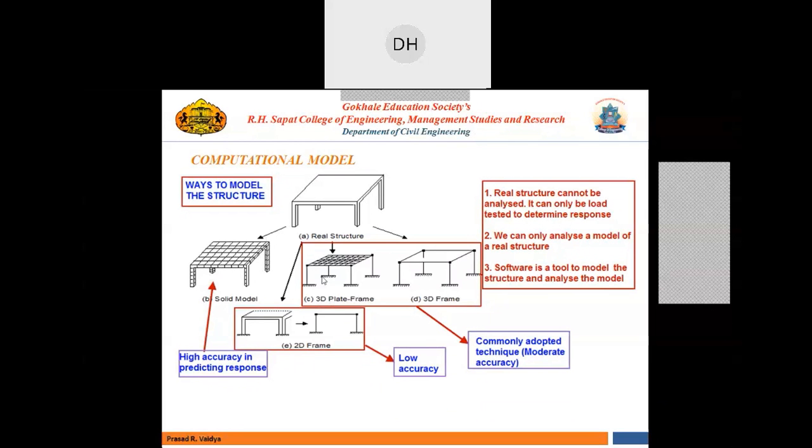The second way of modeling is the 3D plate frame, right? So what is the difference between this type and this type? Here we will assume beam and column as two-noded elements, right? So it is an element having two nodes, and degrees of freedom are at the nodes only. So 6 degrees of freedom at each node.